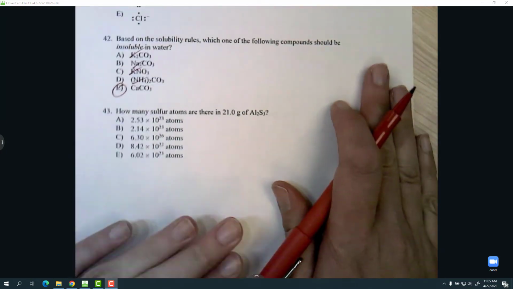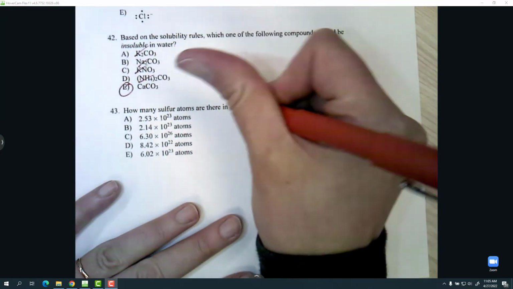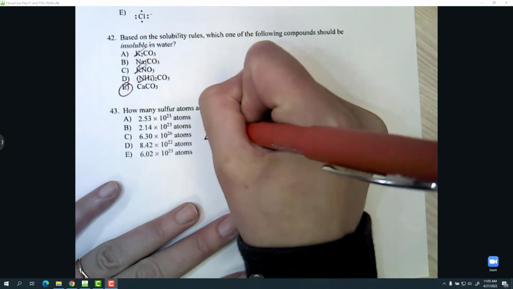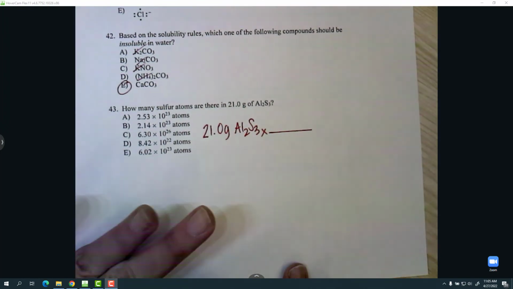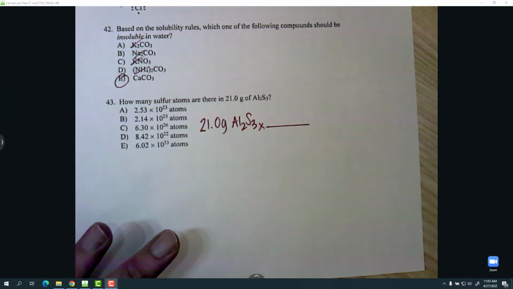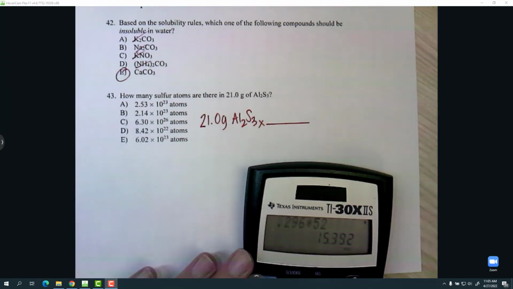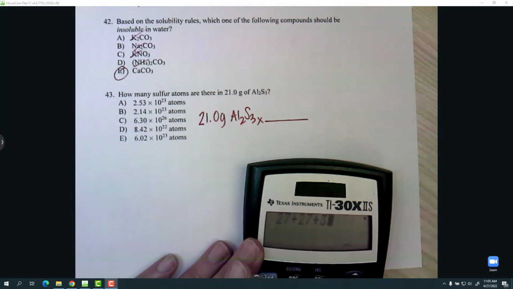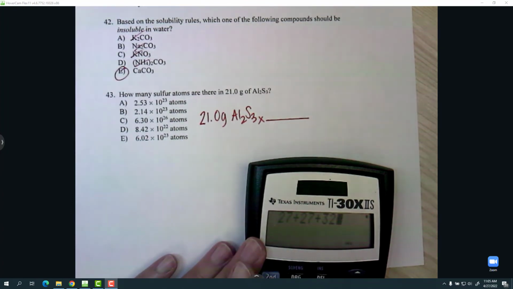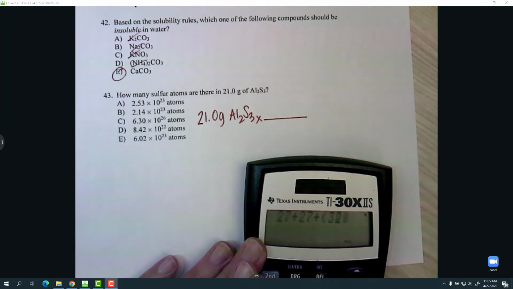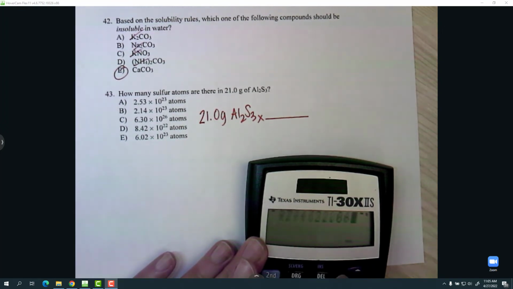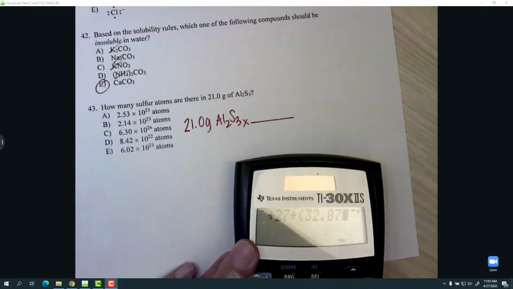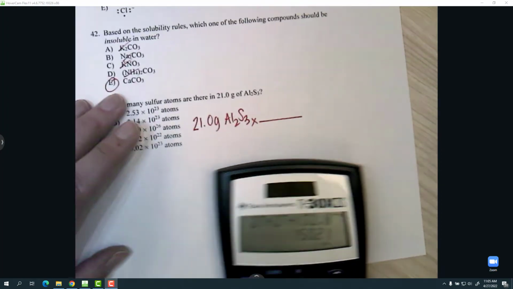All right, how many sulfur atoms are there in 21 grams of Al2S3? I'm going to have to convert it to moles using the molar mass. Let me just do 2.07. Okay. All right, so 27 twice, 2.07, 3 times is 150.21.